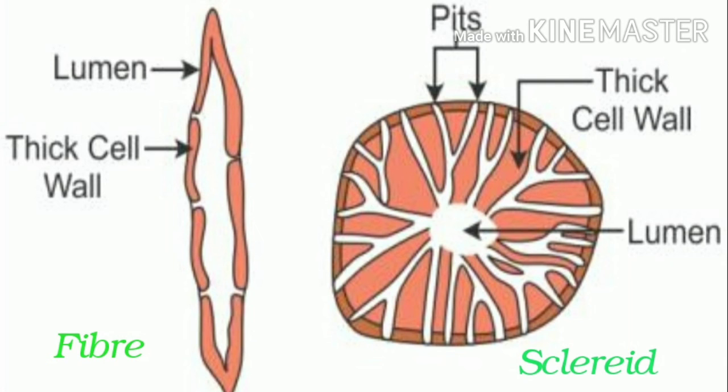The cells of sclerenchyma are lignified, that is their walls have deposition of lignin, and because of that the walls are very thick. They are usually dead without protoplast. On the basis of their origin and structure, they can be divided into two types.